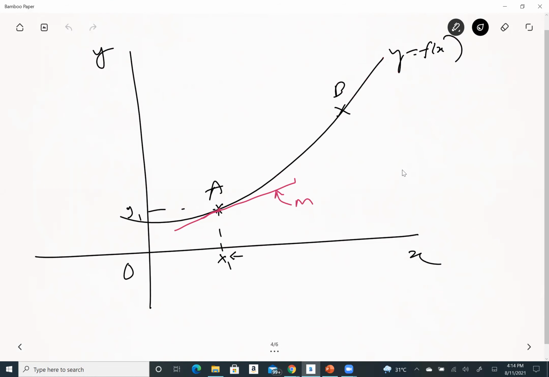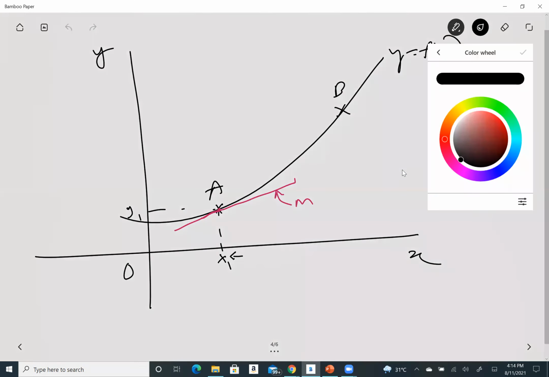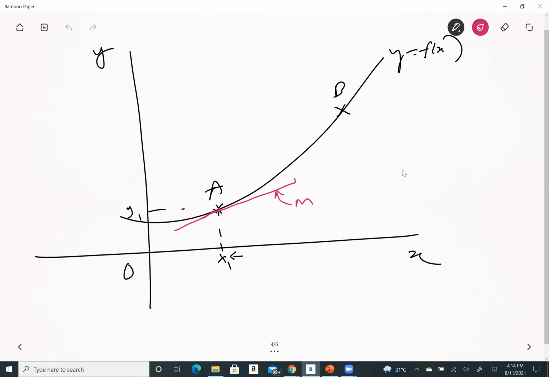And by the same token, we can find the slope at any point. Like I said, you can find the slope at point B. Now, what is the slope at point B? The slope of the function at point B is just the slope of the straight line just tangent at B. So that is the slope.